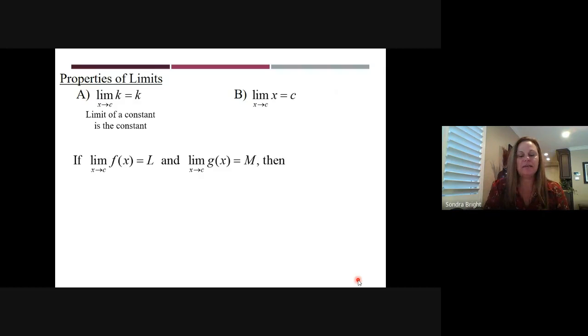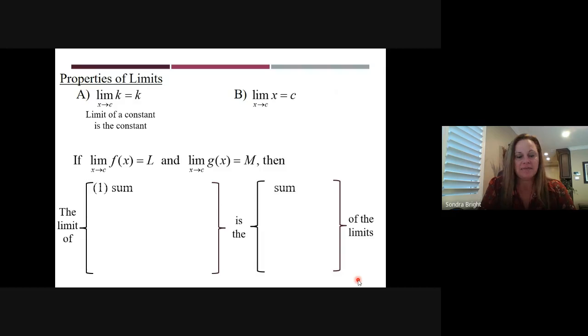All right. If the limit of f of x as x approaches c is L, and the limit of g of x as x approaches c is M, so these two have different limits, then the limit of a sum is the sum of the limits. The limit of the difference is the difference of the limits. The limit of a product is the product of the limits.